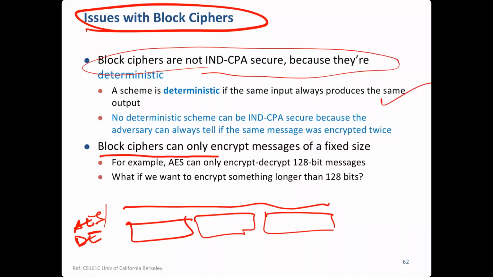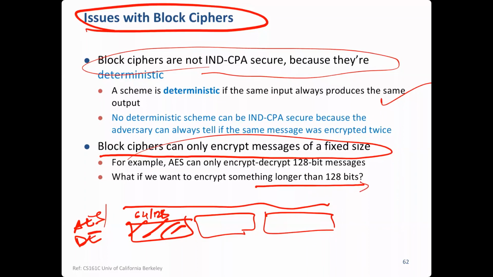Block ciphers can encrypt messages of fixed size. This block size is fixed, 64 or 128. What happens if the message is longer than 128 bits? Then you'll have to create multiple blocks and so on and so forth, right? So these are the problems of block ciphers.